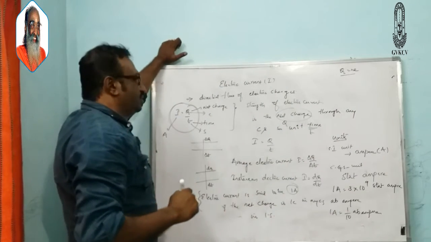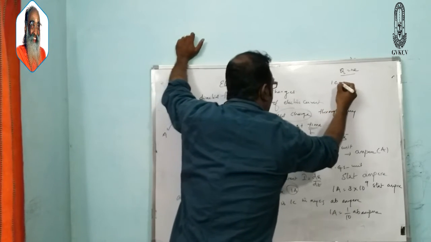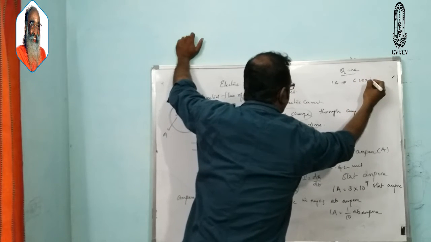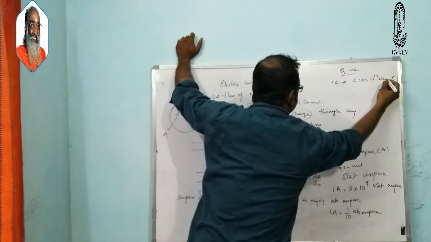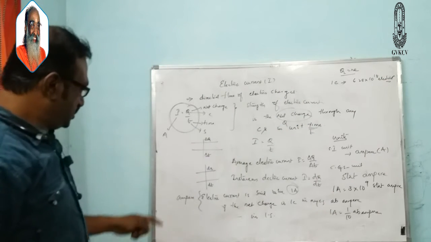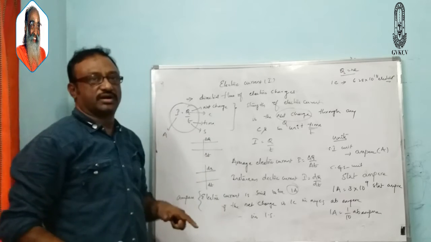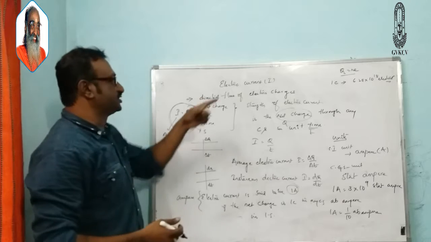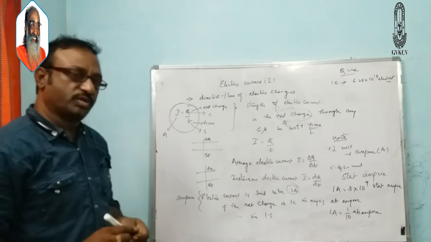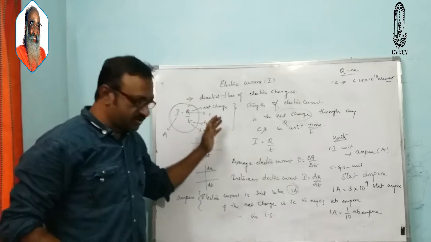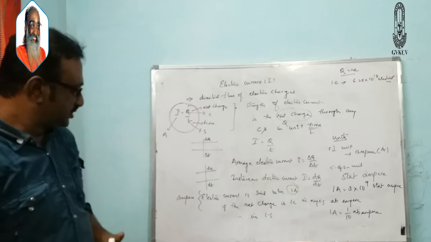For 1 coulomb of charge, there are 6.28 into 10 to the power of 18 electrons. So in an ampere, 6.28 into 10 to the power of 18 electrons cross a particular cross-sectional area. Okay, so now pause the video and take a screenshot of this.